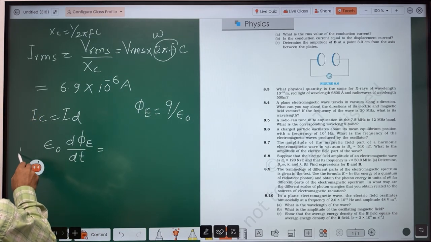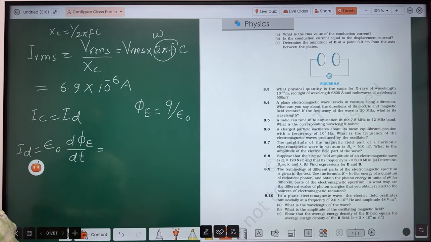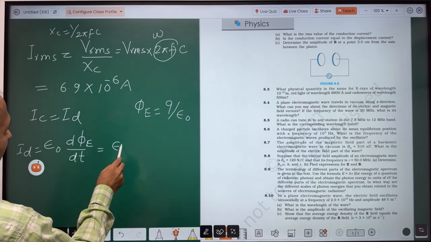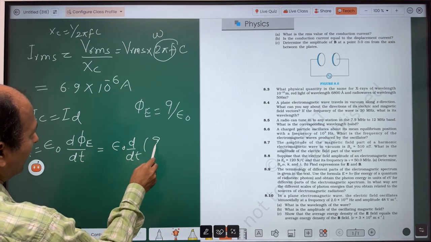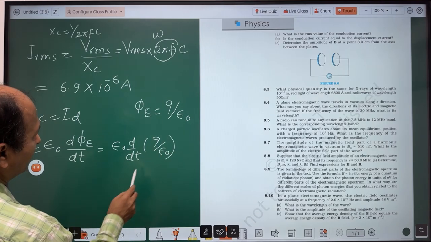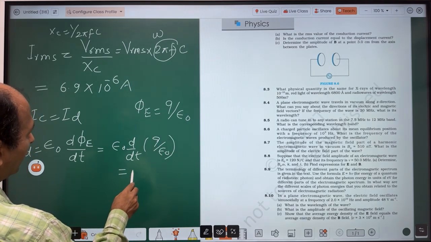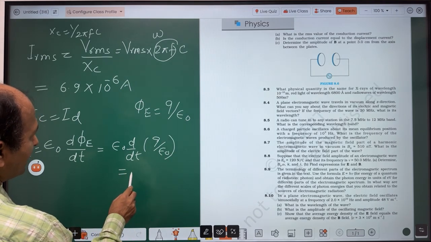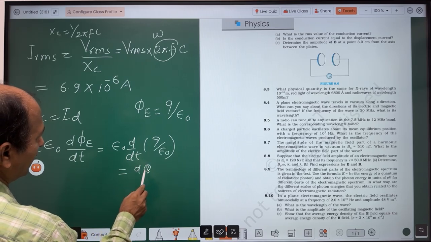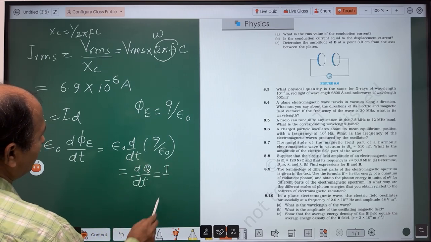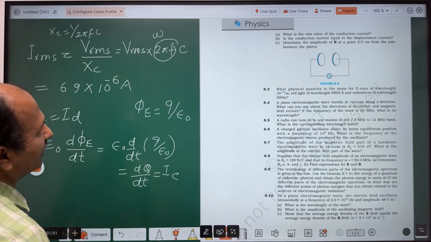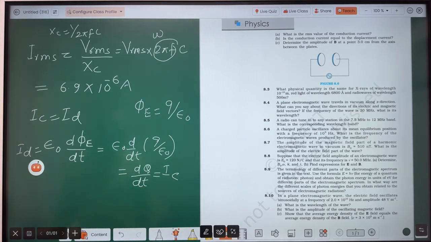So starting with displacement current ID, epsilon naught d upon dt of q upon epsilon naught. So what do we get? Epsilon naught will cancel out, dq upon dt, and you know dq upon dt is just conduction current. So we can say that both are equal.